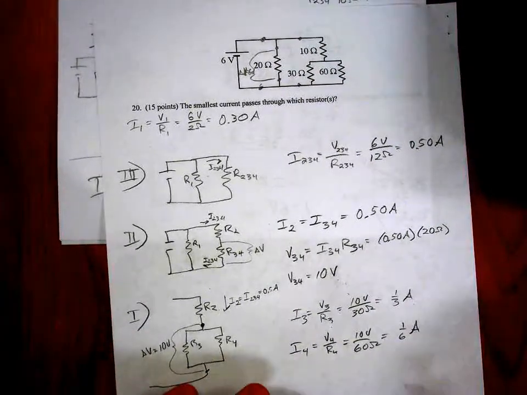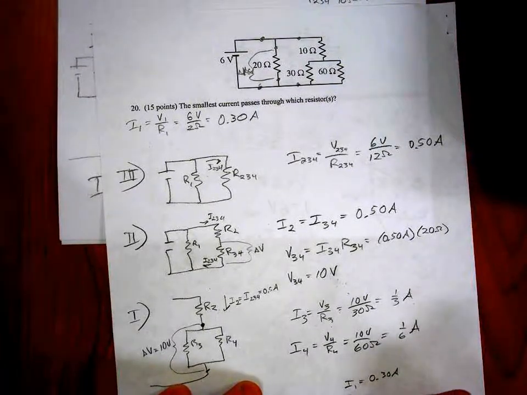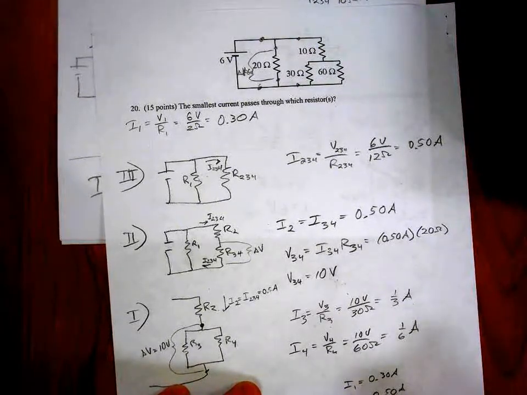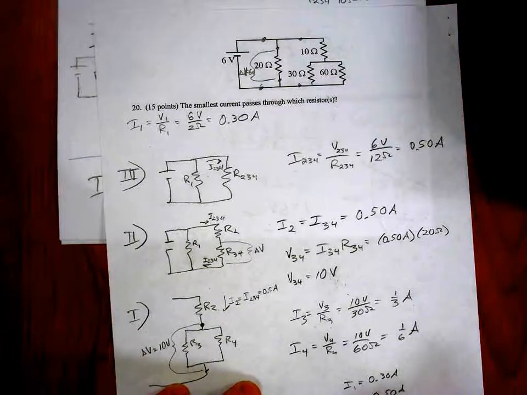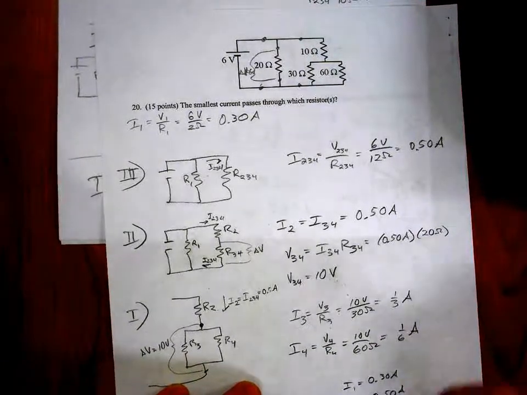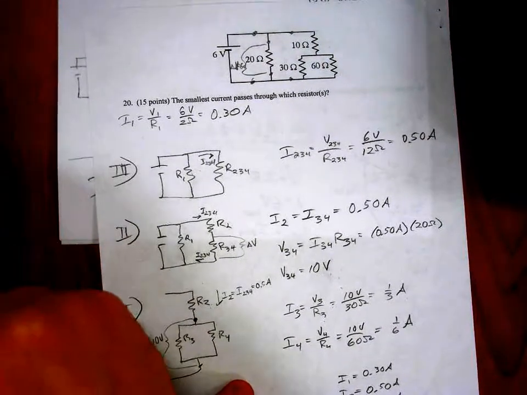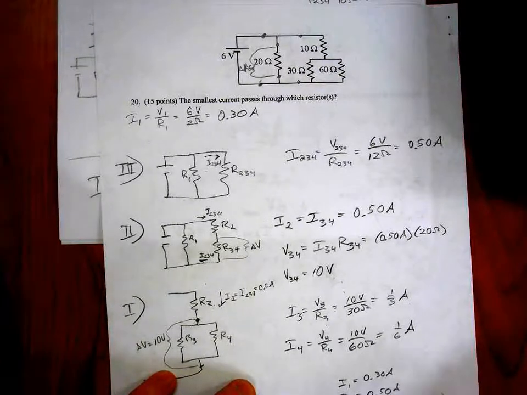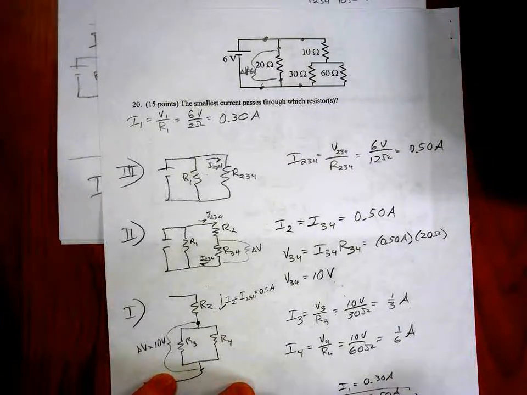Okay, so putting it all together, I1 equals 0.30 amps, I2 is equal to 0.5 amps, I3 is equal to 0.33 amps, that's 1/3, just rounding, and I4 is equal to 1/6, which is 0.167 amps. So the smallest current passes through R4.